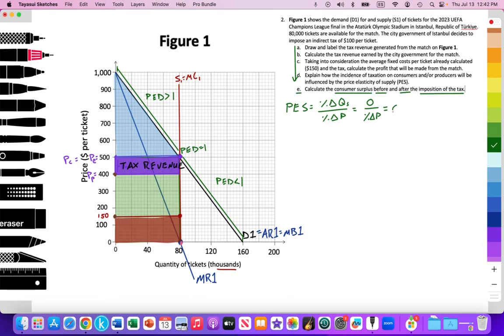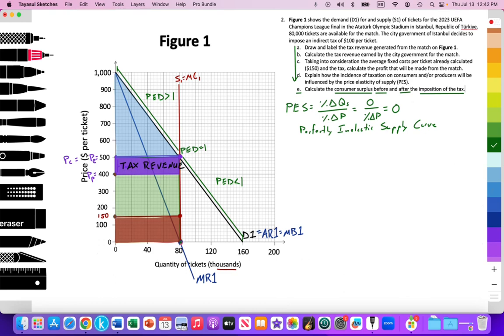So essentially the PES value is 0. So we have a perfectly inelastic supply curve, which makes sense since the quantity supplied is fixed at 80,000 units.